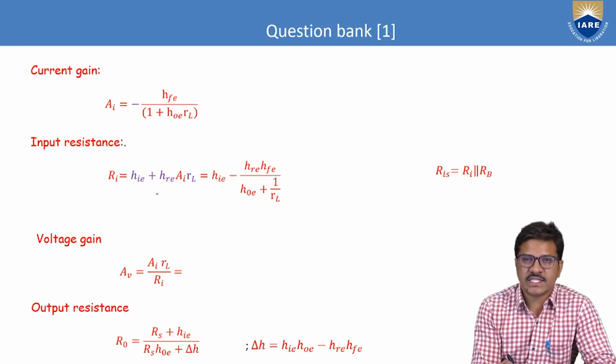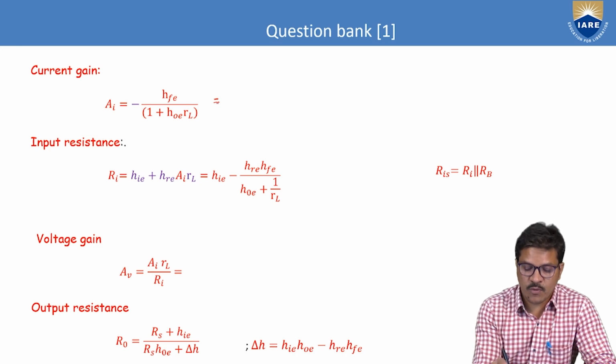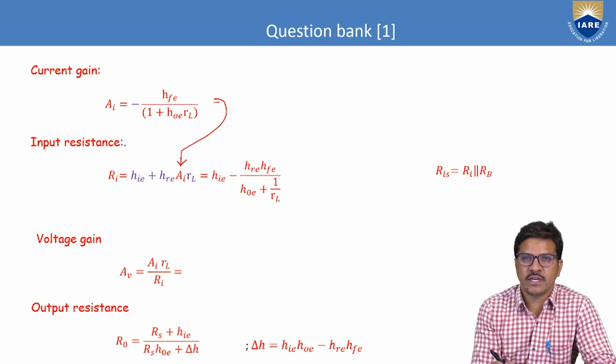Once you find this by substituting the given parameters, that value is substituted into the second equation for input impedance, which makes it easy to get the answer. Ri is equal to HIE plus HRE into AI into RL.